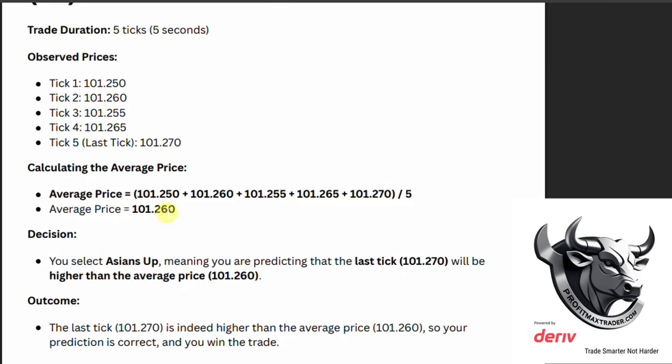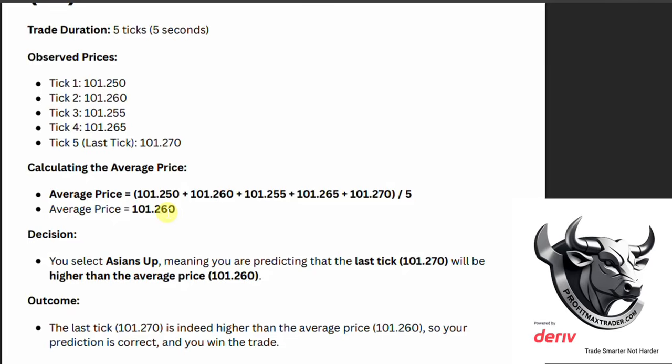Okay, it's as simple as that. So you'll be predicting that the last tick will be higher than the average price. That is Asians up, and then vice versa for Asians down. It means you're predicting that the last tick will be lower than the average price.